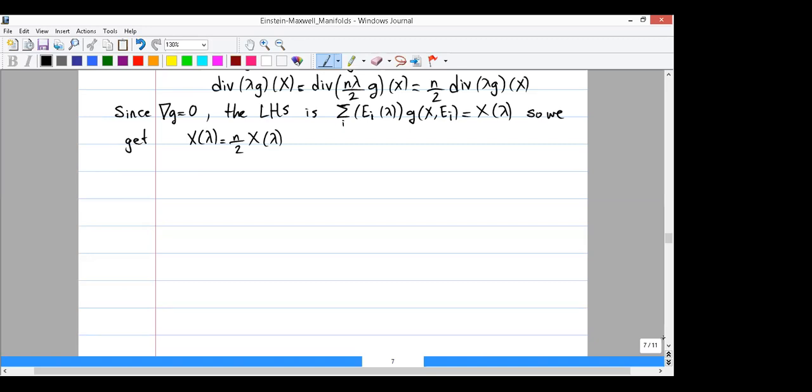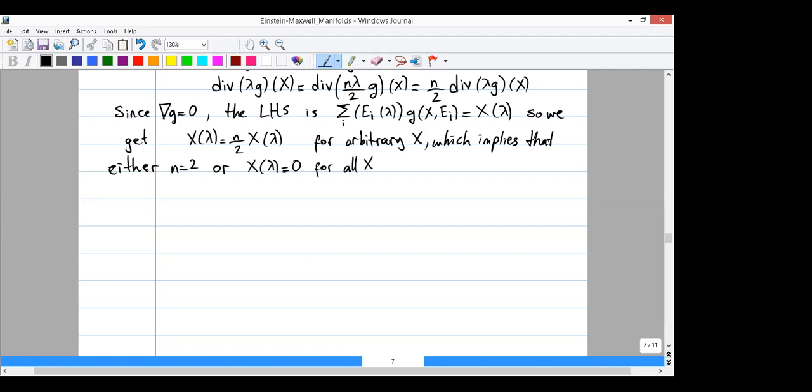From that equation, for arbitrary X, which implies that either n equals 2, when you just insert n equals 2, then this is satisfied, or X lambda has to be 0 for all X, provided n is greater than or equal to 3.